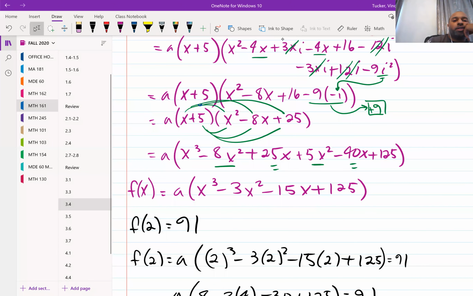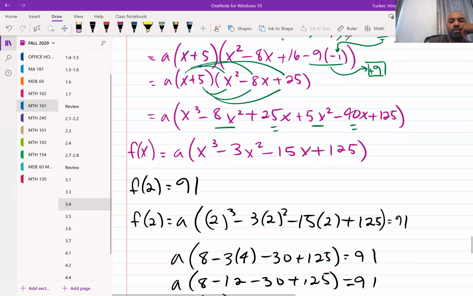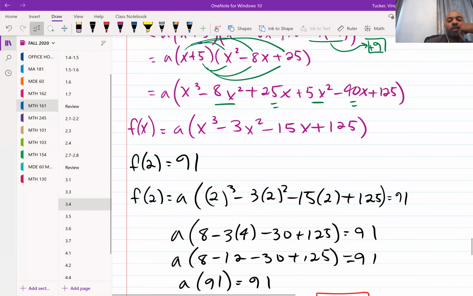So now we have the initial condition that when we plug in 2, we should get out 91. So we plug in 2: 2 cubed minus 3 times 2 squared minus 15 times 2 plus 125 is equal to 91.